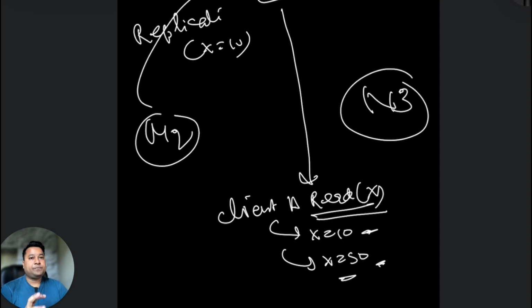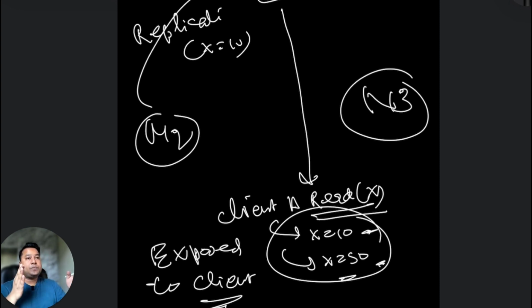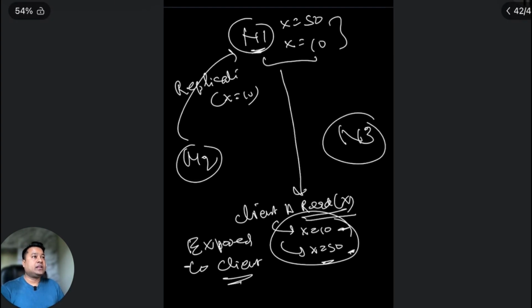So one way you can solve the conflict is, you have already exposed this data to the client, right? Now you are asking the client to fix your conflict. You are saying, okay, these are the two versions I have.